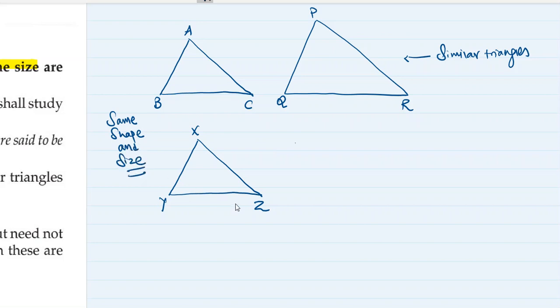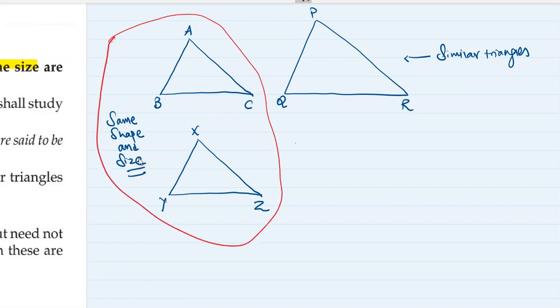These both triangles are said to be congruent triangles. These two triangles are the examples of congruent triangles.